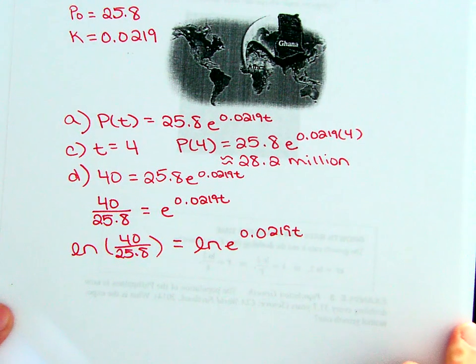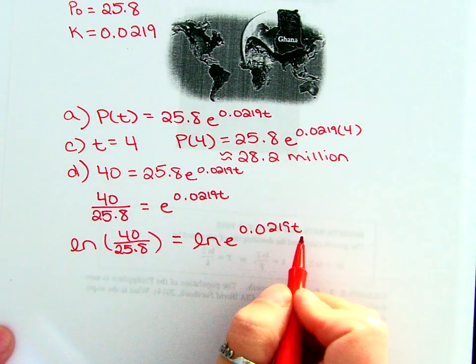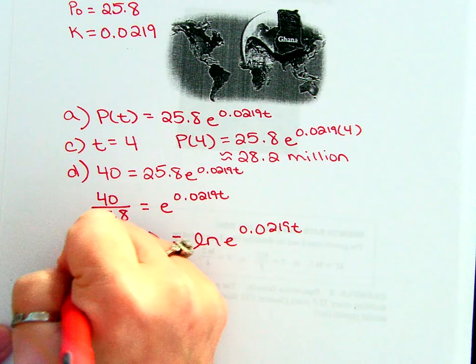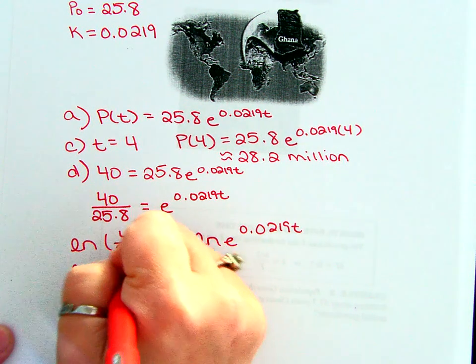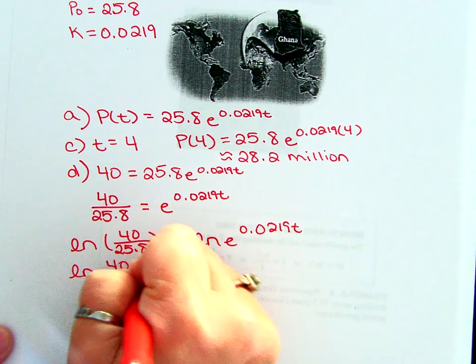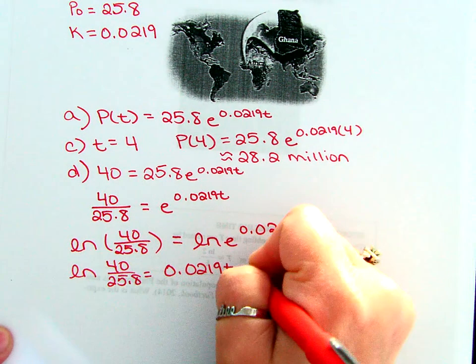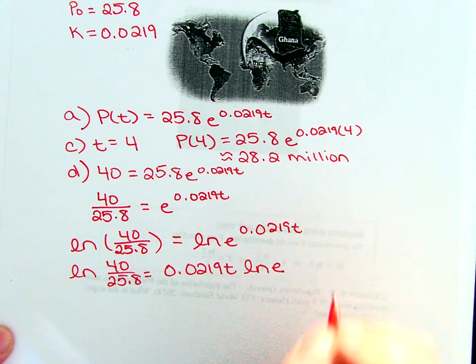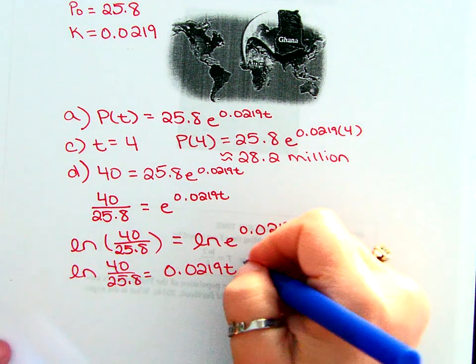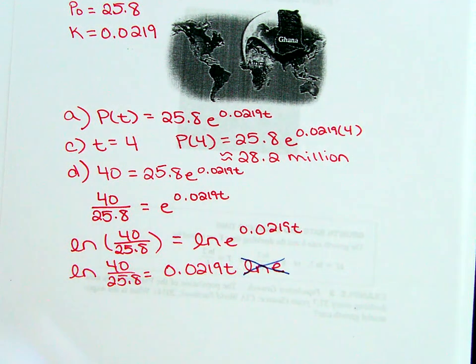I can use my power rule to pull that power down on the right-hand side. 0.0219t times ln of e. But what do we know about the ln of e? Yeah, it goes to 1, so it just basically disappears.